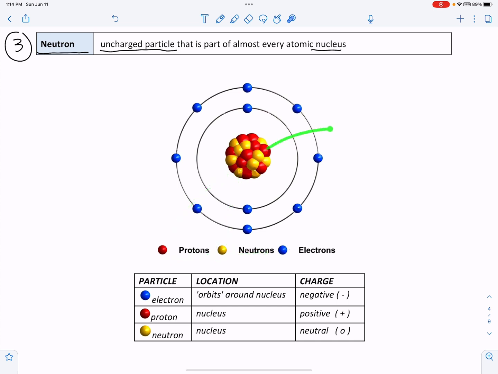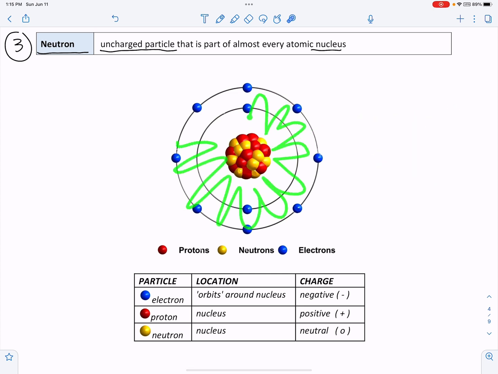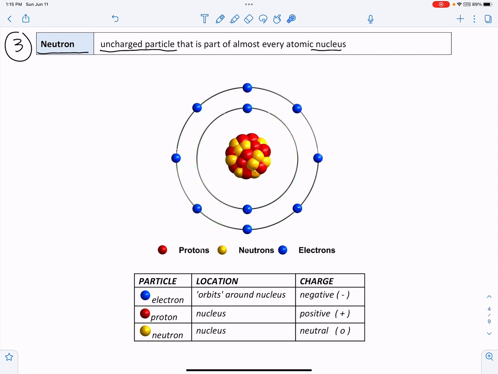The nucleus contains most of the mass. The rest, all of this area, is mostly empty space. And that's where the electrons reside, in these orbitals or energy levels.